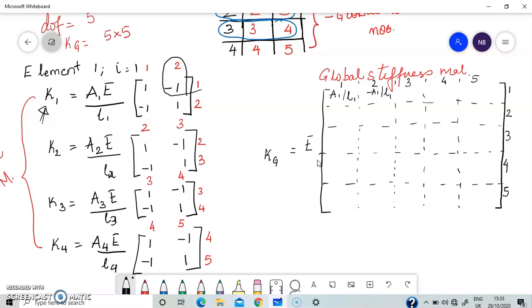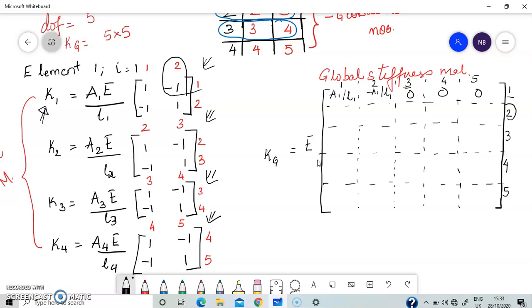First row and third column: there is no first row and third column in any of the matrices, so this will be 0. Similarly, this and this also will be 0.